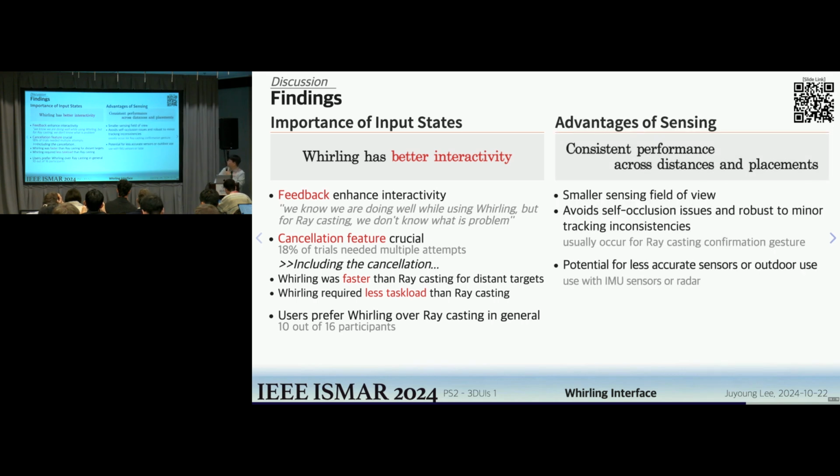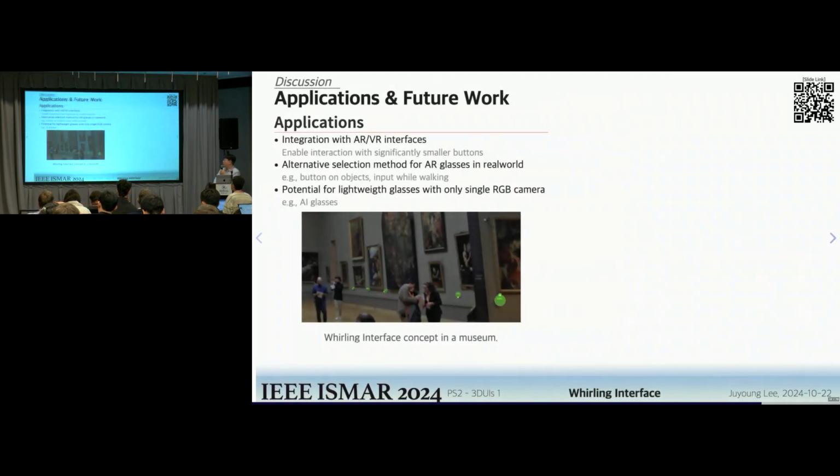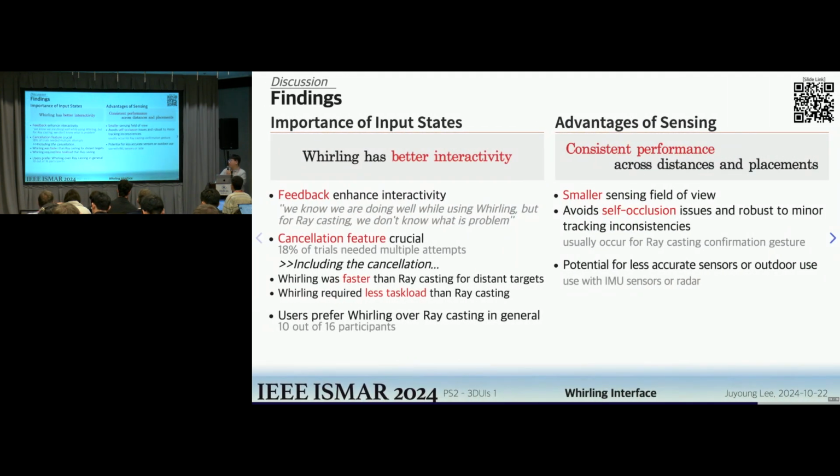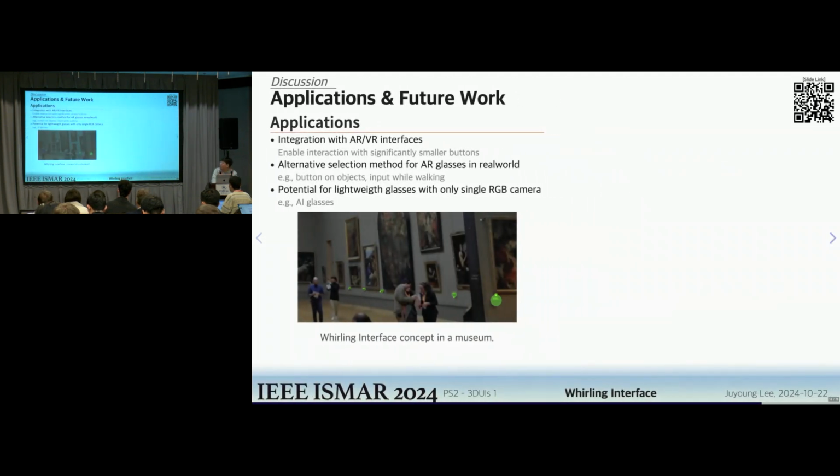And for the advantage of sensing, we could get consistent performance. So we can say it requires a smaller sensing field of view, and it is also better for the self-occlusion problem. We can say it has some potential for less accurate sensors, like using IMU or radar or maybe EMG. Okay.